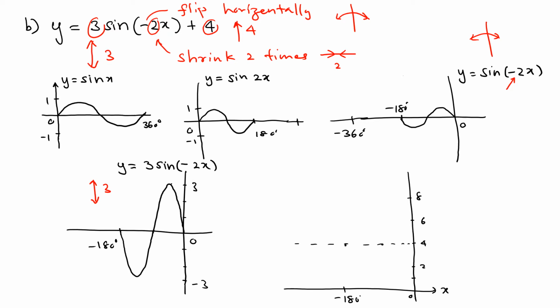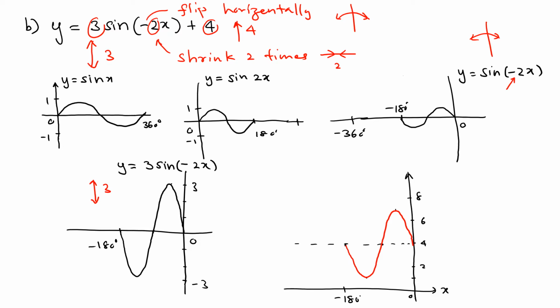So it is 1 and 7. 7 is here. So finally the graph now looks like this. It's going to go down to 1 and turn, go up to 7 and come back. So that's how the final graph looks like.